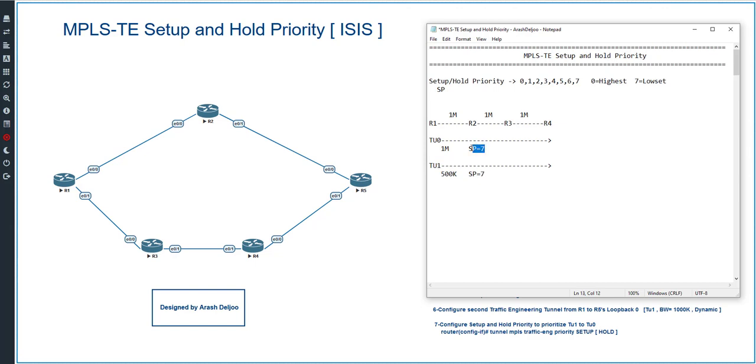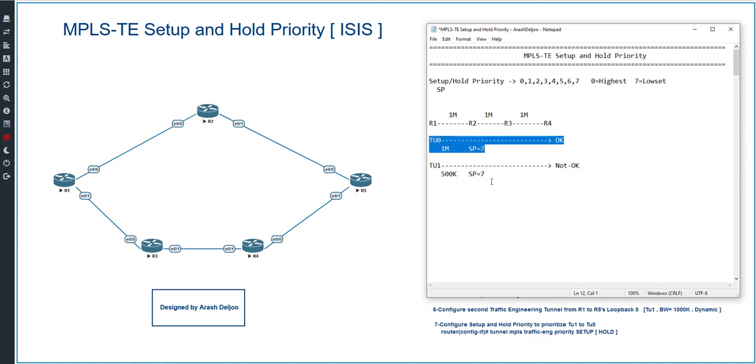Because we have the same setup priority, and the first tunnel has already come up, and because of that, tunnel 1 cannot be established from router 1 to router 4. Why? Because we don't have enough bandwidth for the next tunnel. If you first configure tunnel 0, it comes up, and tunnel 1 does not come up. But if you configure tunnel 1 first, tunnel 1 should come up and tunnel 0 doesn't come up.